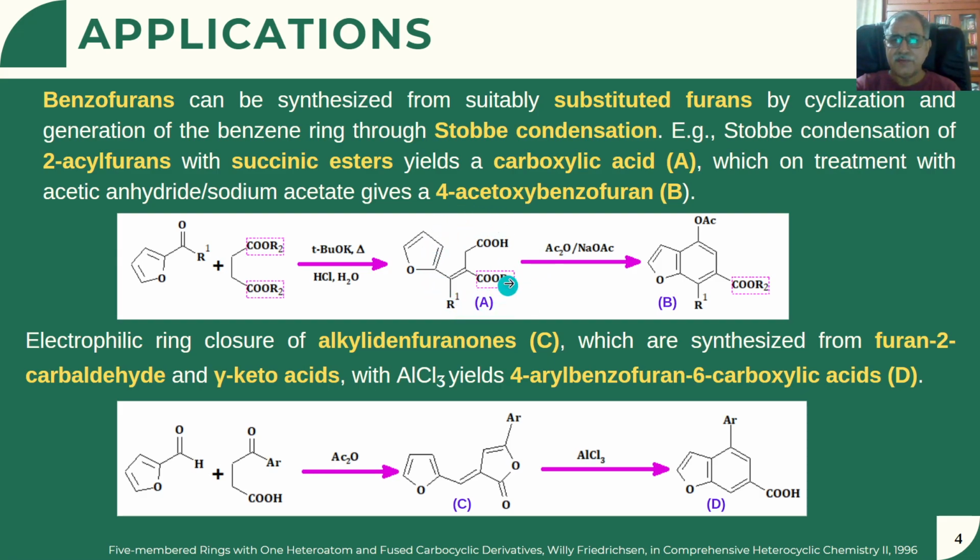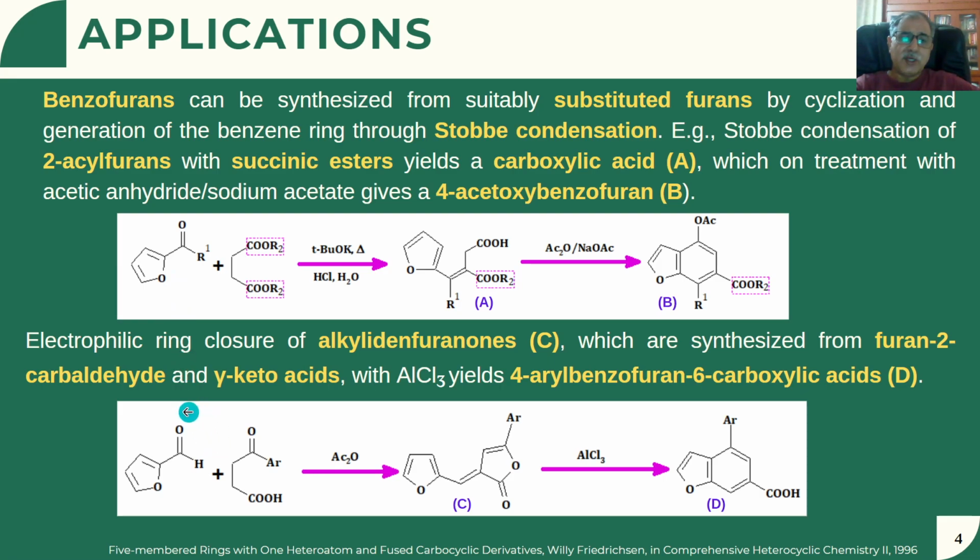So these types of carboxylic acid derivatives are formed, and when these carboxylic acid derivatives are reacted with acetic anhydride in presence of strong base, then a positively charged electrophile will be generated, which will undergo electrophilic aromatic cyclization, and we will get these types of benzene ring formation to give us benzofuran derivatives through Stobbe condensation.